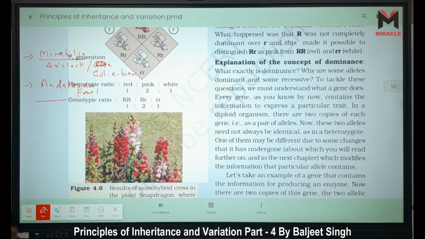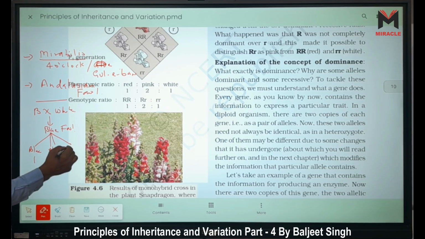When we cross between a black and a white fowl, in F1 generation we get blue fowls, right? And in F2 generation what happens? We have black 1, blue 2, and white fowl 1.